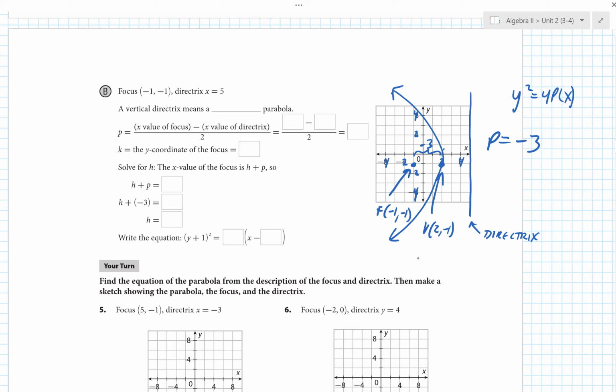It's going to be (y plus 1) squared equals 4p times (x minus h). And so then that is (y plus 1) squared equals -12 times (x minus 2). And so if you wanted to fill in the blanks here, this would be y plus 1 equals -12 times x minus 2.